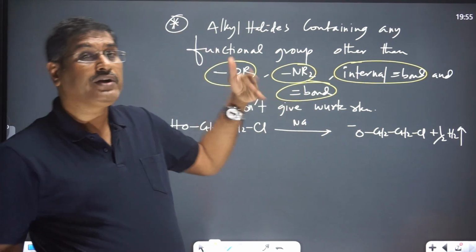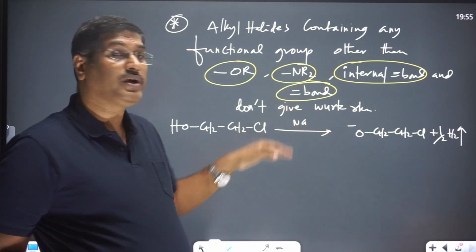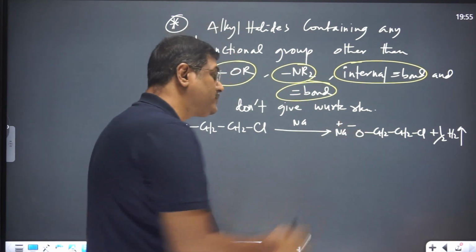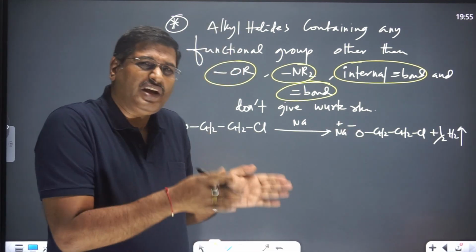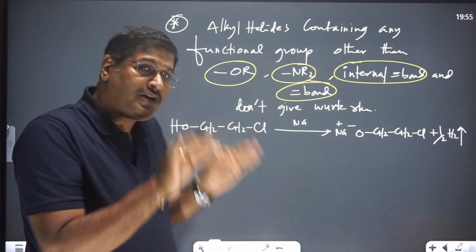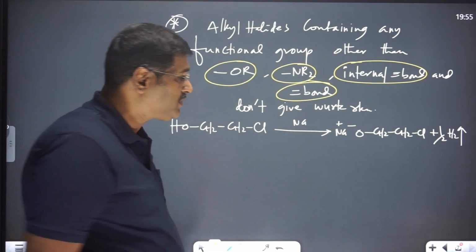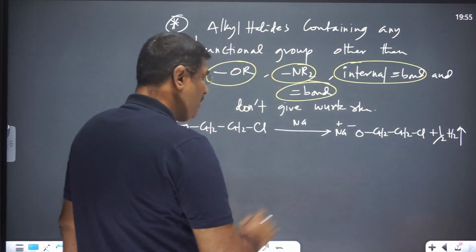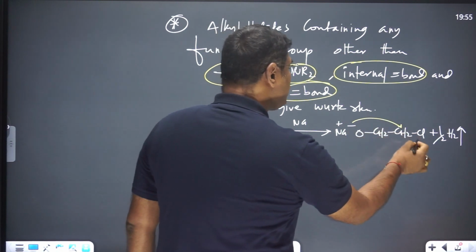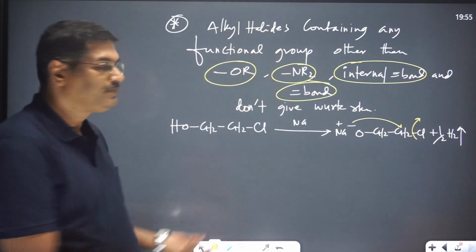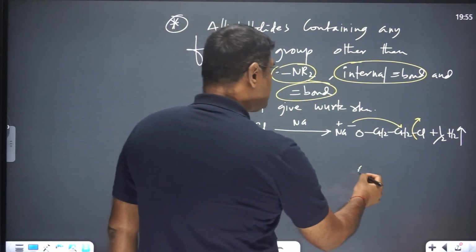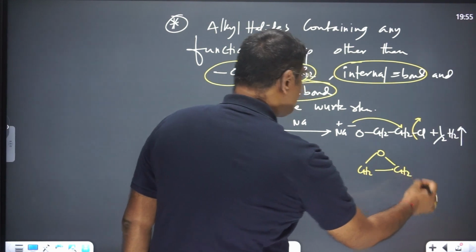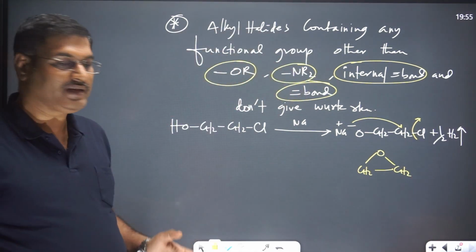A different reaction takes place further, because when O minus Na plus forms, it acts as an internal nucleophile, and an intramolecular substitution reaction takes place, SN2. This will attack on this CH2 and the chloride is pushed out. Here the product is an epoxide, a cyclic ether.